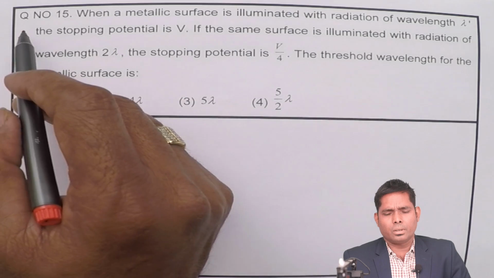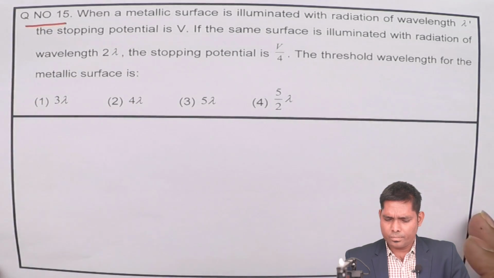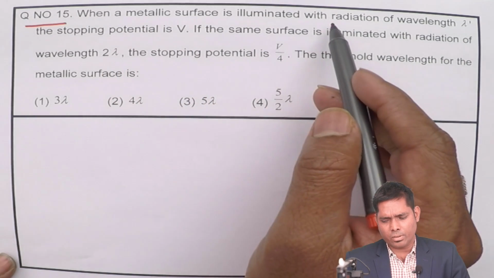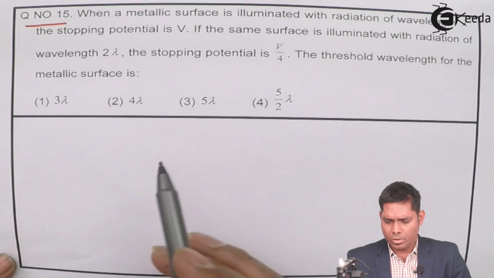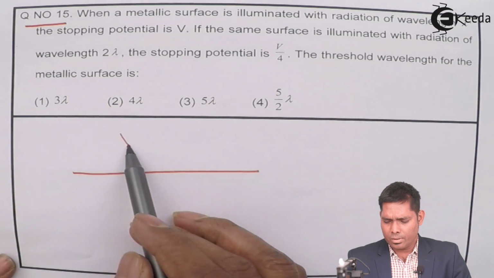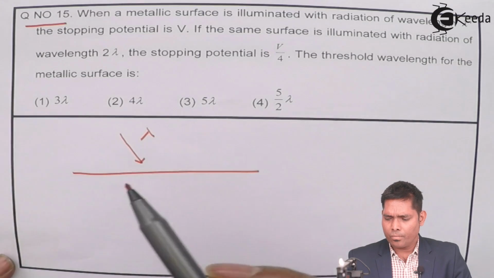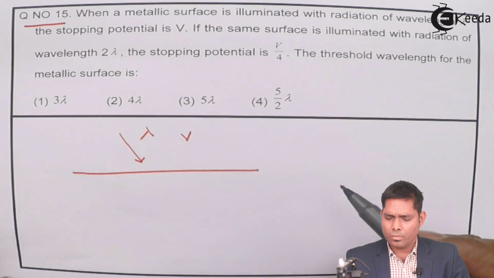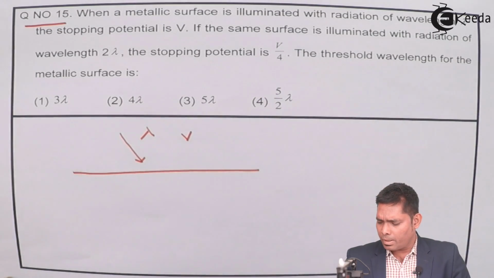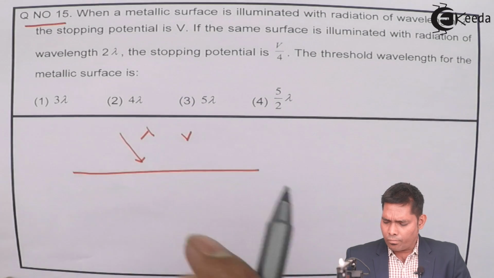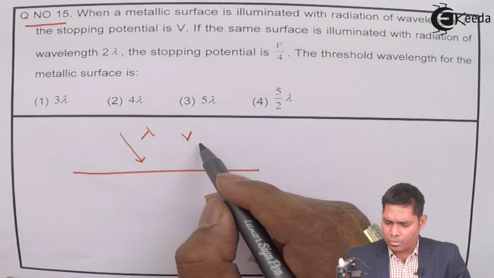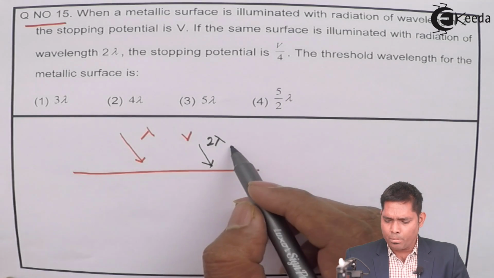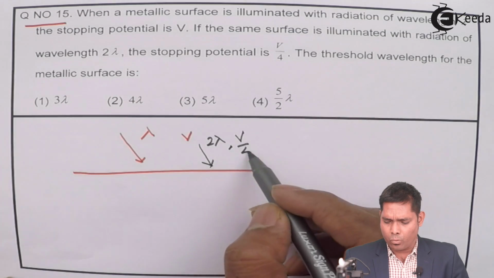In this question, when a metallic surface is illuminated with radiation of wavelength lambda, the stopping potential is V. The same surface is illuminated with another wavelength, 2 lambda, and the stopping potential is V by 4.